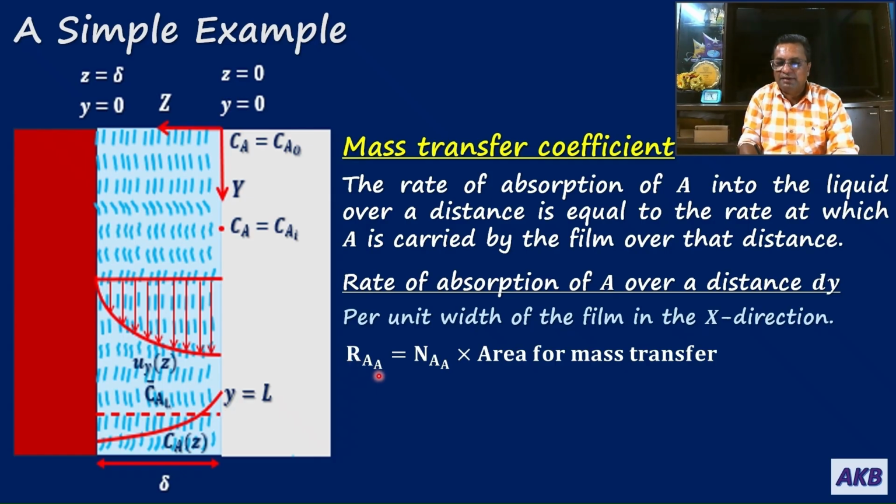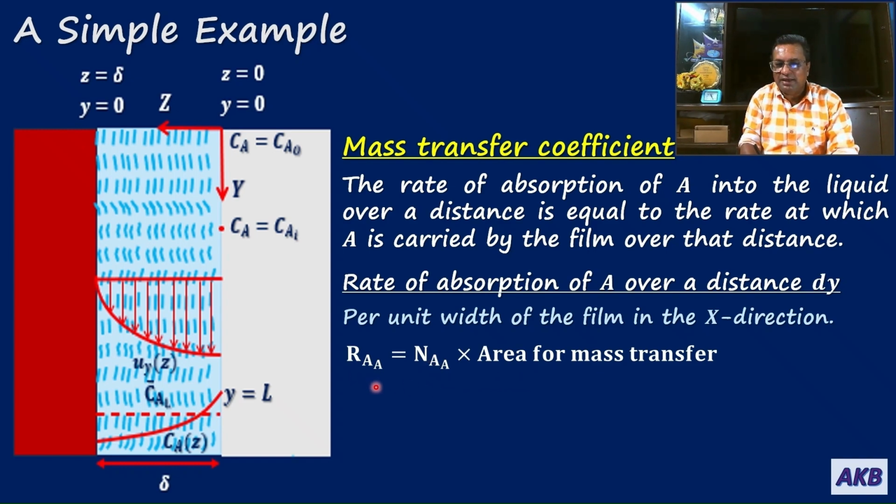So RAA will be equal to NAA into the area for mass transfer. NAA is the mass transfer flux, which is moles per unit time per unit area, and if I multiply with area, it will be moles per unit time.